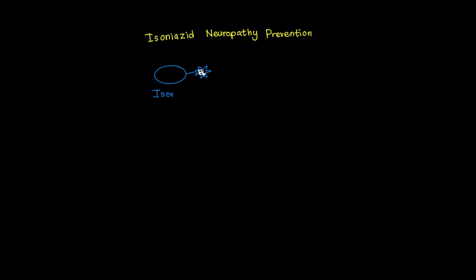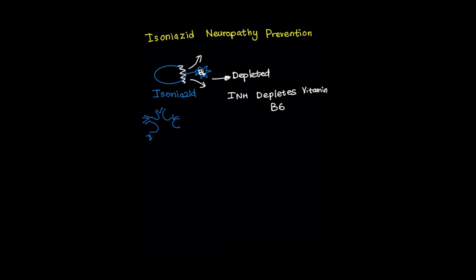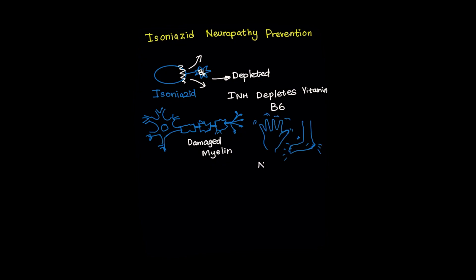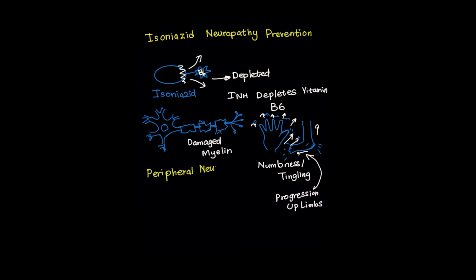Isoniazid, a critical tuberculosis drug, interferes with pyridoxine metabolism by binding to vitamin B6 and preventing its activation. Without adequate B6, nerve cells cannot produce neurotransmitters or maintain their myelin sheaths, leading to peripheral nerve damage. Patients experience numbness, tingling and burning pain starting in the fingers and toes, progressing proximally if untreated.